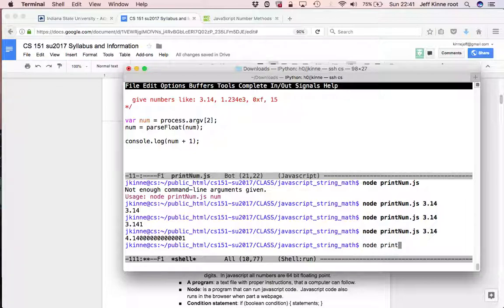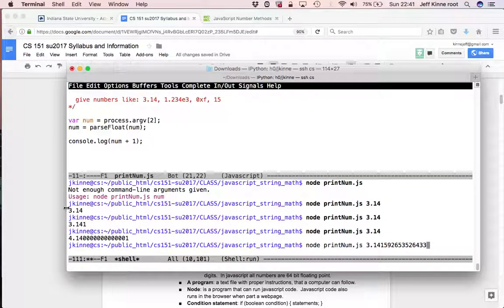But let's just give a test of the precision here. So let's put 3.14159 26535 26433. That might be enough. Let's make this a little wider. I don't remember the rest, so we'll just go 1, 2, 3, 4, 5, 6, 7, 8, 9, 0, 1, 2, 3, 4, 5, 6, 7, 8, 9, 0.